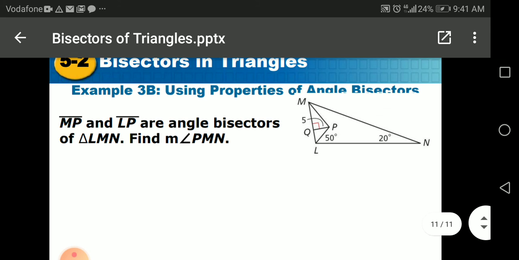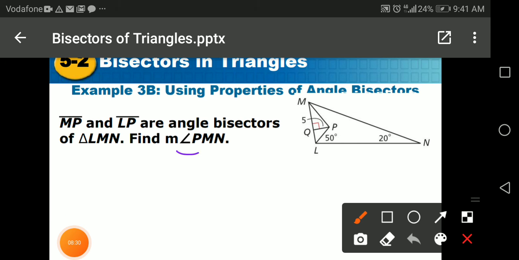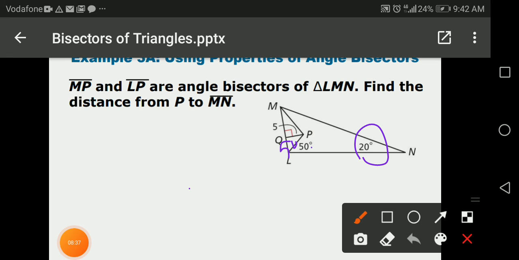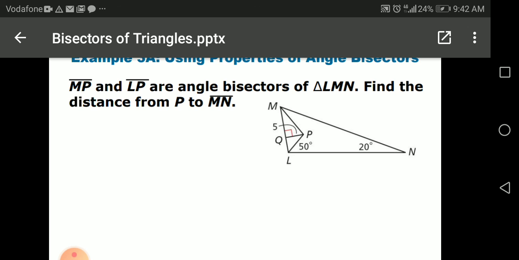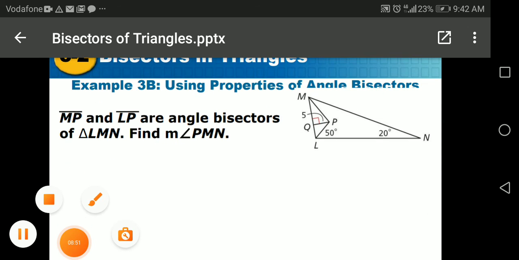What about this one? He asks me about the measure of angle PMN. Okay, guys, we have finished the distance; now find the measure of PMN.